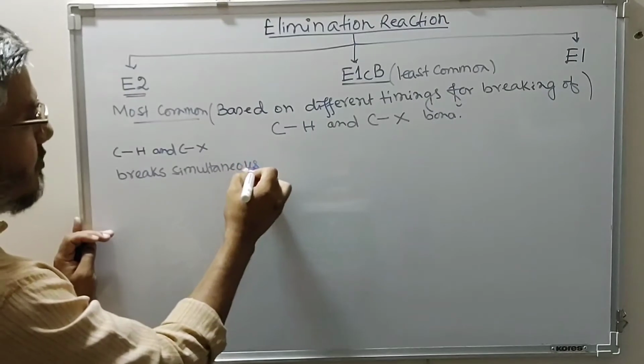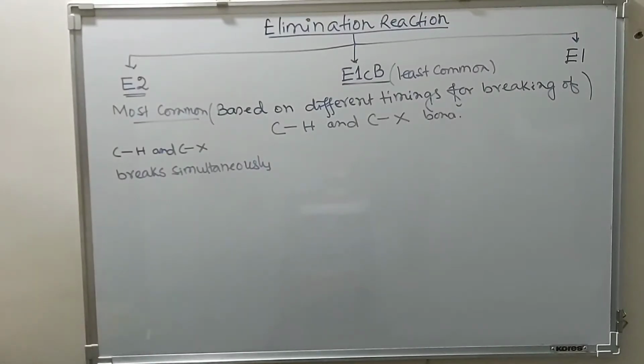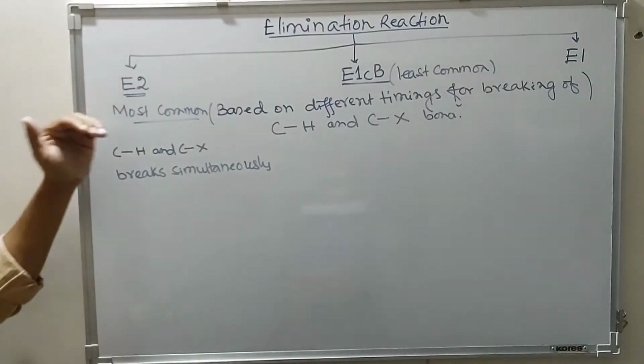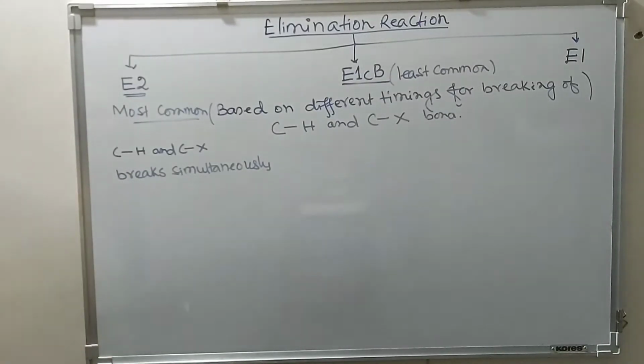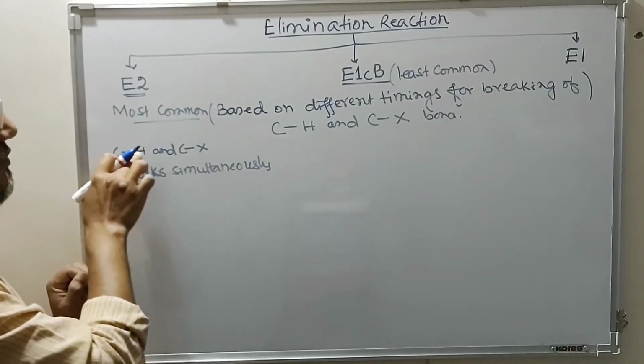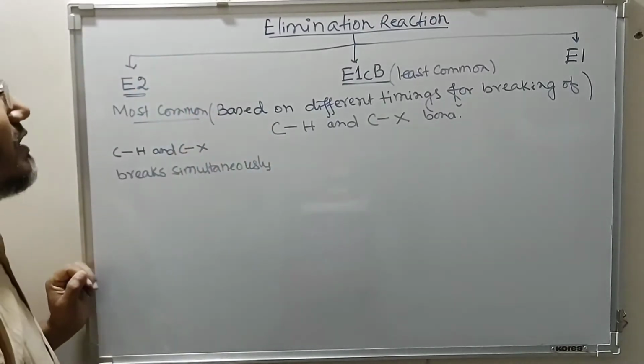So if the carbon-hydrogen and carbon-halogen bonds break simultaneously in the rate determining step, then that pathway is known as the E2 pathway. So look at this, we have simultaneous breaking of carbon-hydrogen and carbon-halogen bonds in E2.